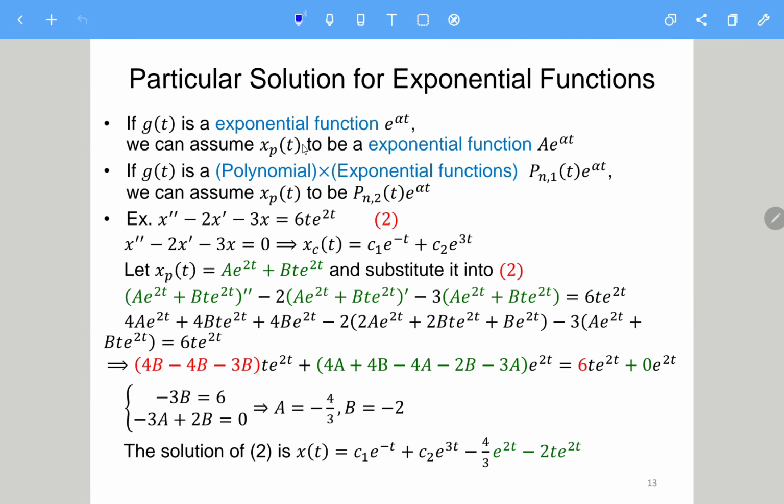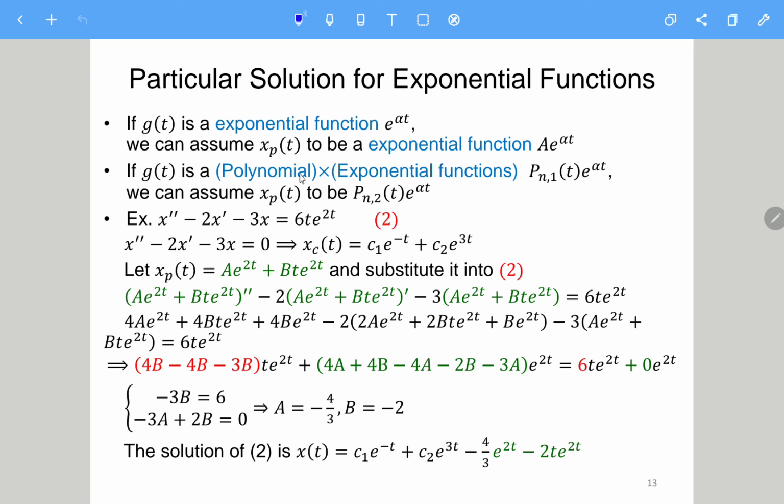Okay, so next is the exponential function. If g of t is an exponential function, then we can assume x_p of t to be an exponential function, the particular solution to be A times e to the alpha t.